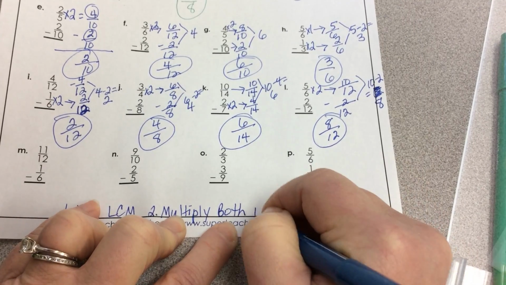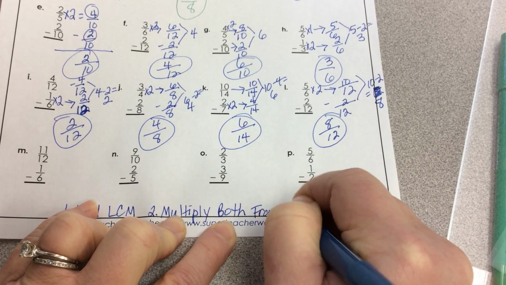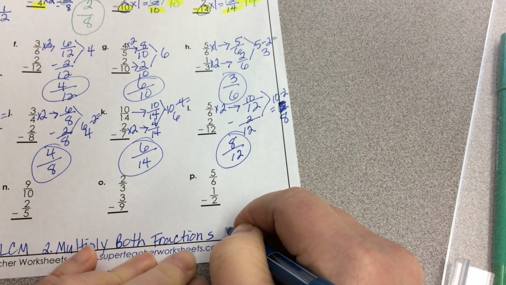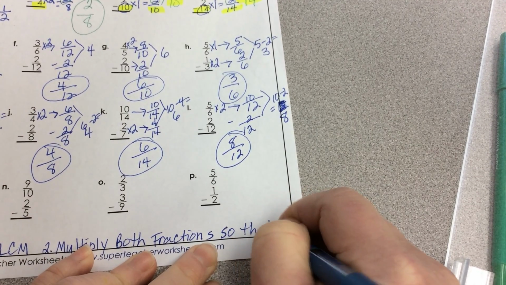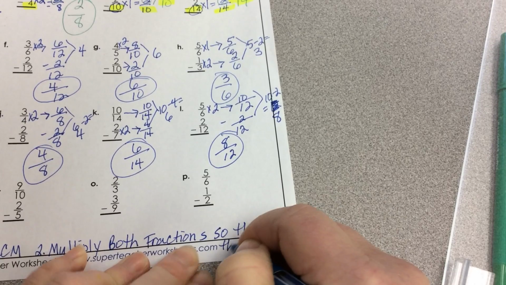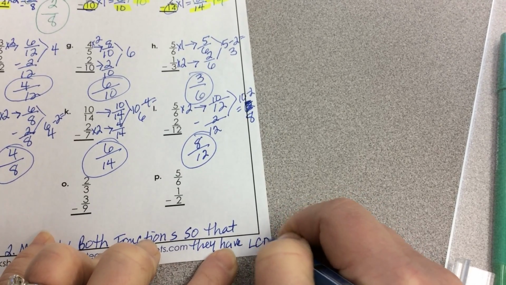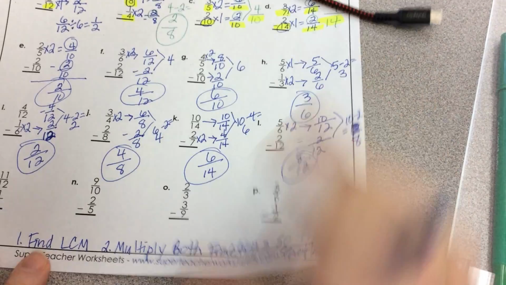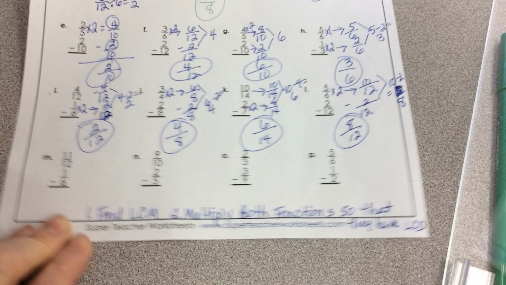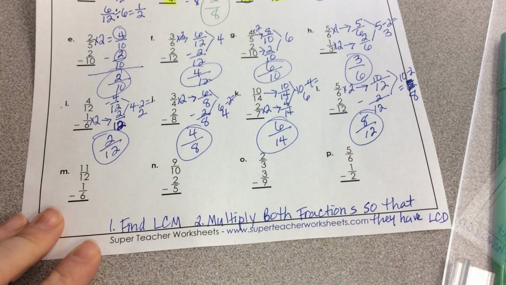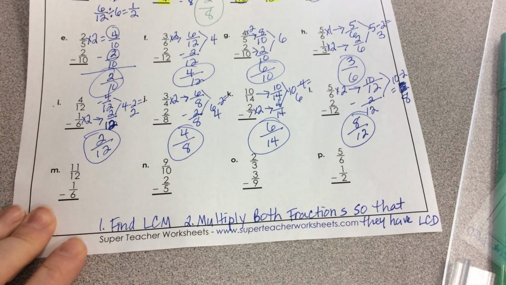And that has been the case on all of these today. So now my lowest common multiple becomes the lowest common denominator, okay? And that is really the trickiest step. And then remembering that you're subtracting instead of adding, okay?